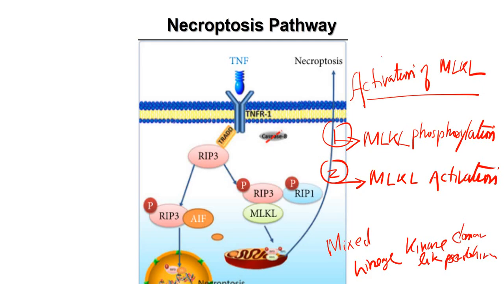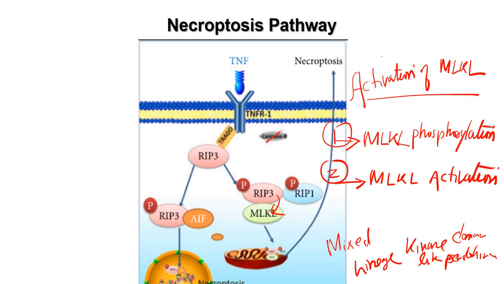So RIPK3 phosphorylates MLKL. Once MLKL is phosphorylated, it will become activated, and phosphorylated MLKL will undergo conformational change.